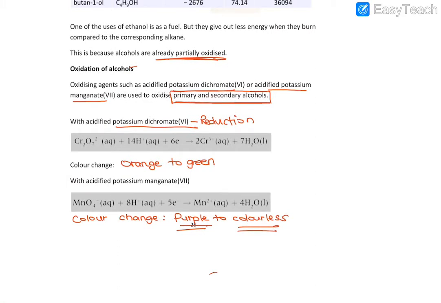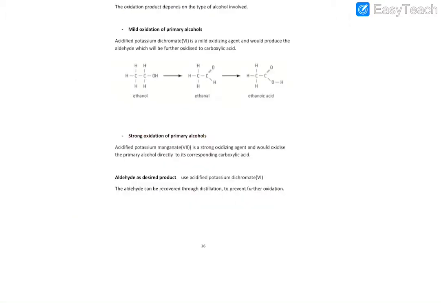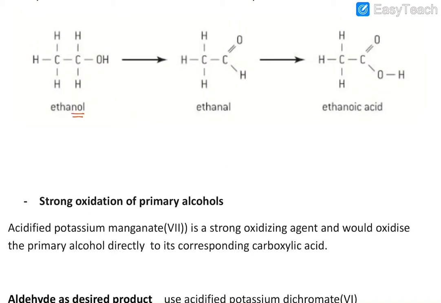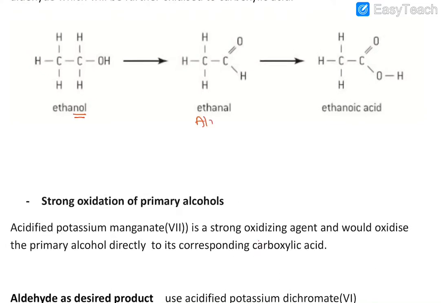Now, the type of product that we're going to get from the oxidation will depend on the alcohol being used. A primary alcohol can be oxidized into 2 different molecules. The primary alcohol can first be oxidized to an aldehyde.